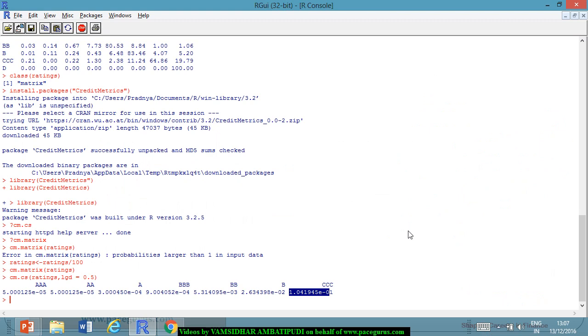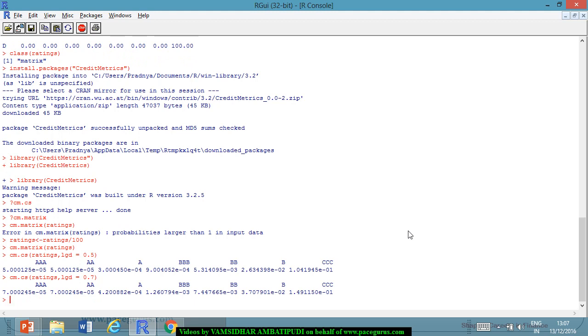The same thing, if the LGD changes, let's say I say 70% is not recovered, the loss given default is 70%, then suddenly you could see that though the numbers are much smaller for AAA and AA, for A the numbers have gone up. Triple B also has gone up.